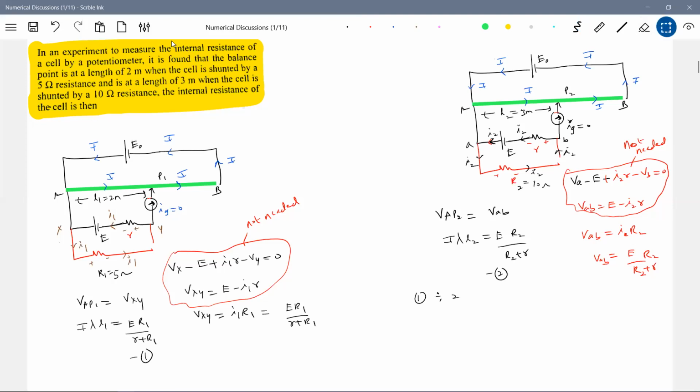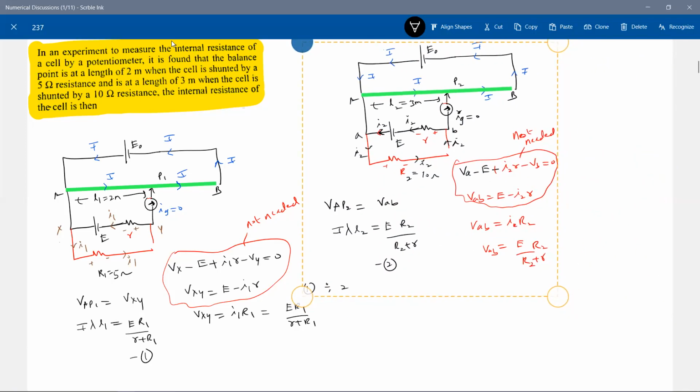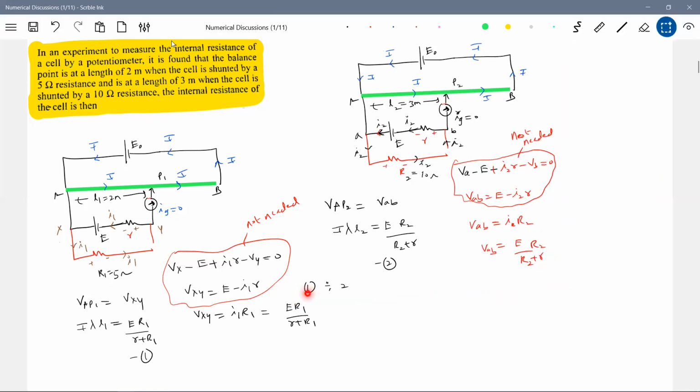How much will we get dividing 1 and 2? I think the unknown E will get eliminated because the EMF of cell is not there, no? So that has to be eliminated.